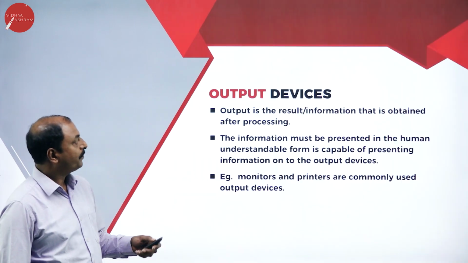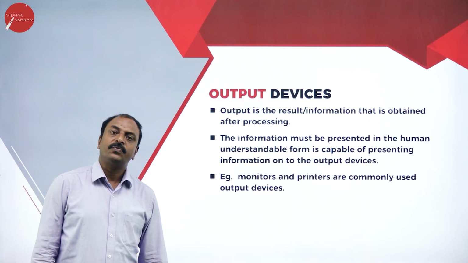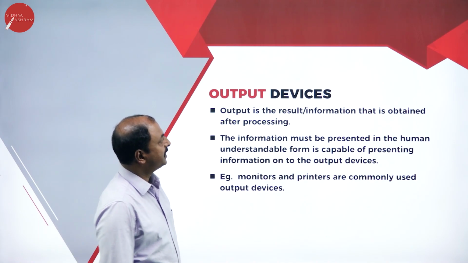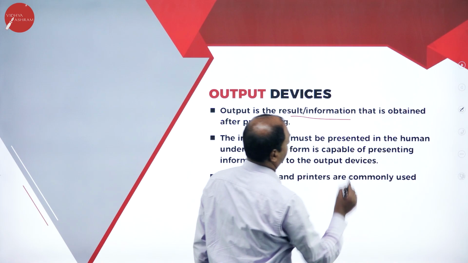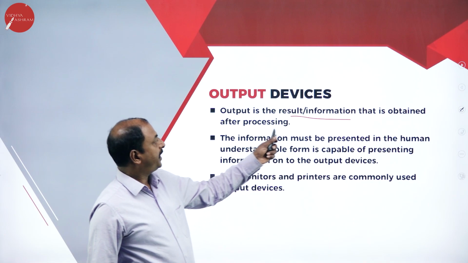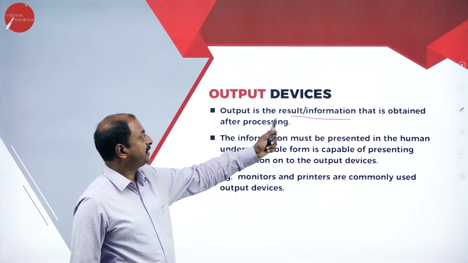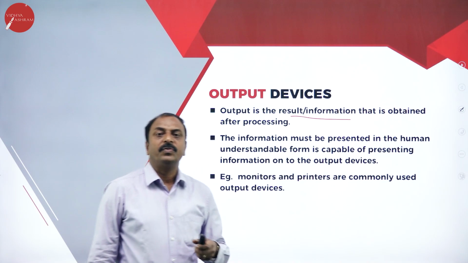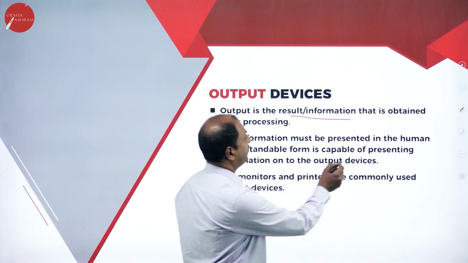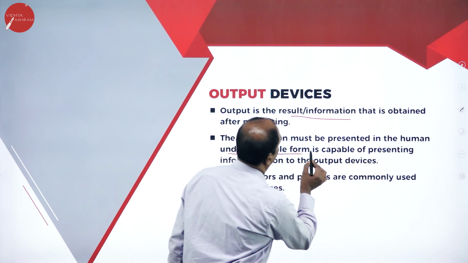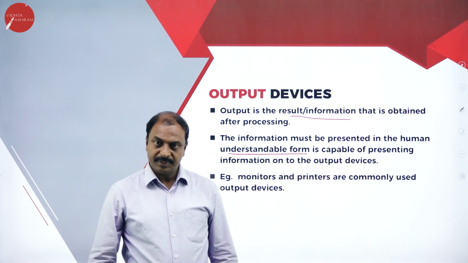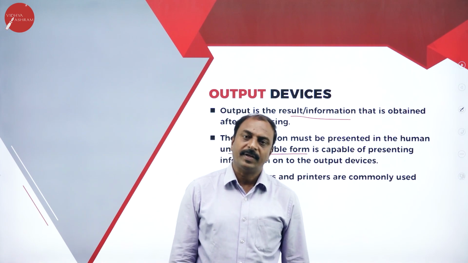Now let us see the definition and other different output devices. Output is the result or information that is obtained after data processing. So what we get after data processing is nothing but result or information, and before data processing is data. Now the information must be presented in the human understandable form. As all of us know, the computer works only with binary numbers or machine level languages.